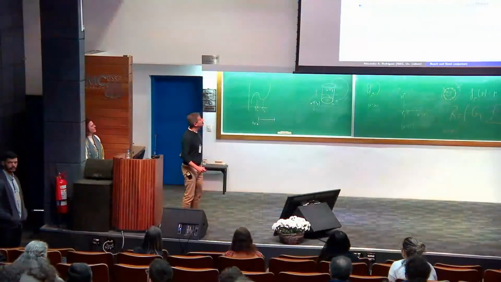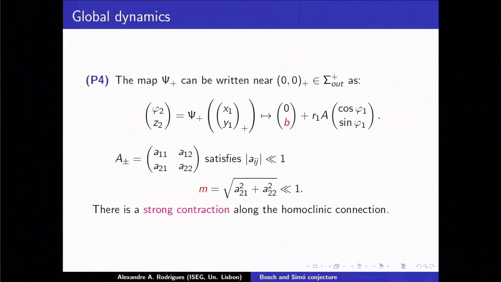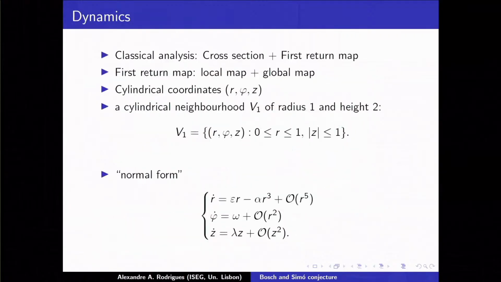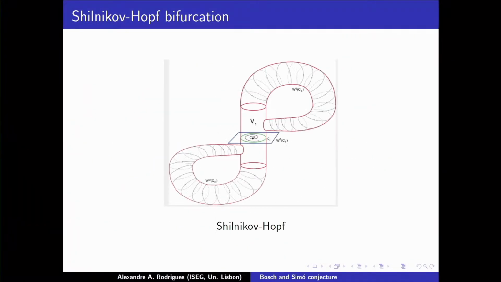One controls a global bifurcation, and the other controls a local bifurcation. One controls this epsilon bifurcation, and the other controls the height to which the connection arrives.